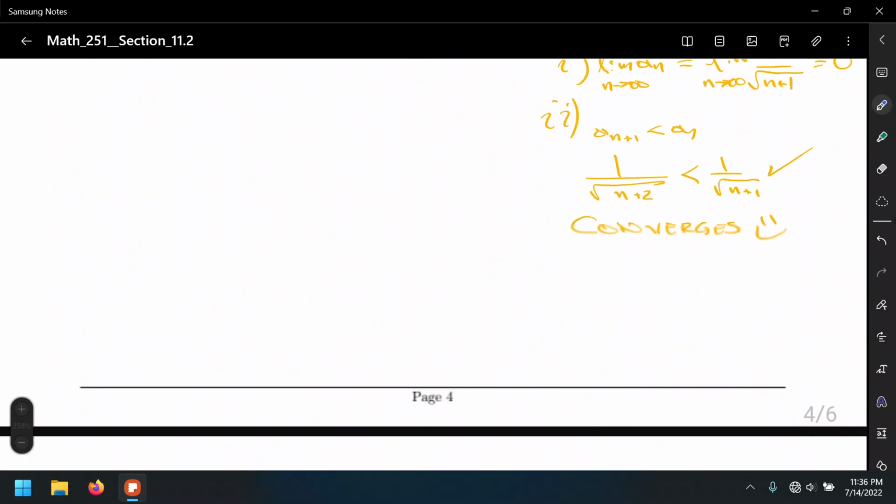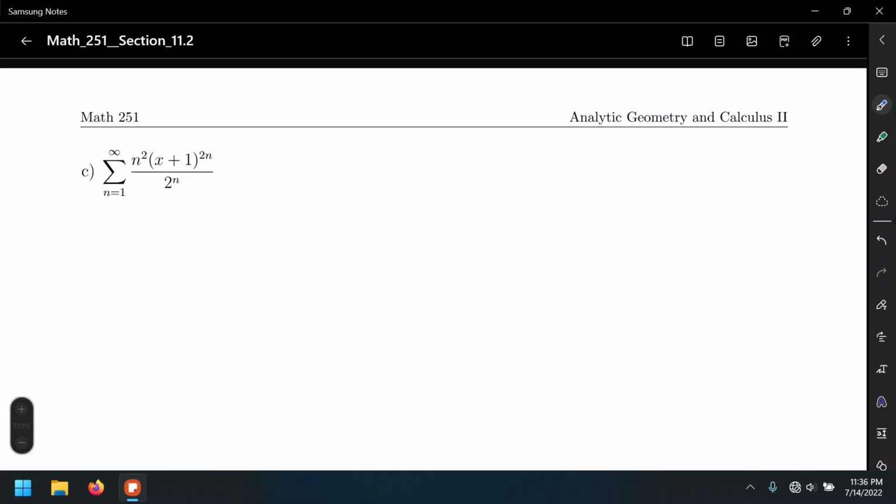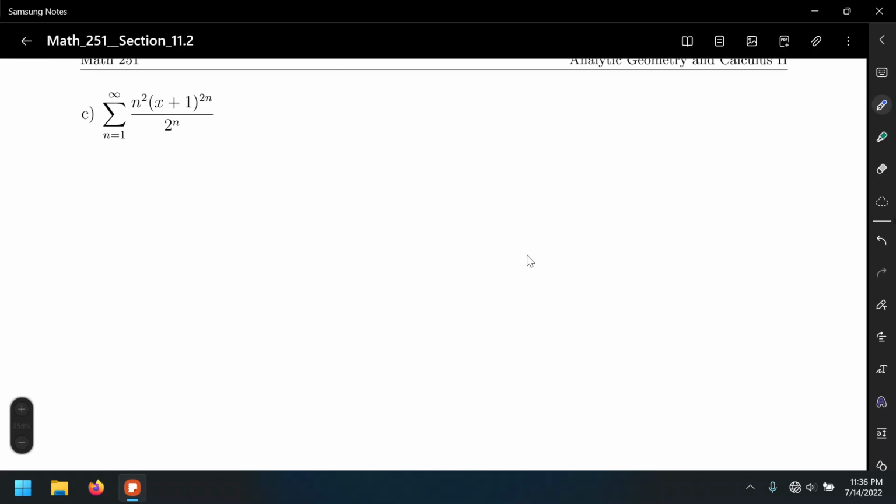All right, let's have a look at one more example. What do we have? The sum from n equals 1 to infinity of n squared times (x plus 1) to the 2n, be careful with the 2n this time, divided by 2 to the n. On the previous exercises we did the ratio test, but can you use a different test? In this case, how about the root test?